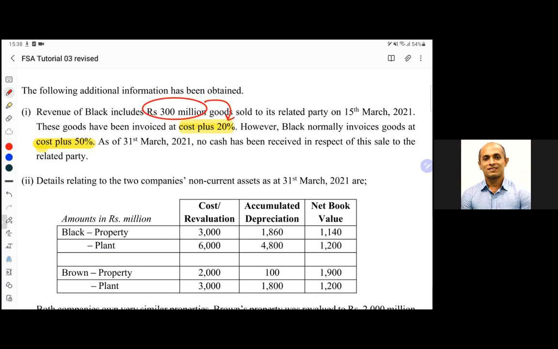But the company's usual selling price is cost plus 50%. Then you see, as at 31st March 2021, no cash has been received in respect of this sale. That means this 300 million has come to receivables.